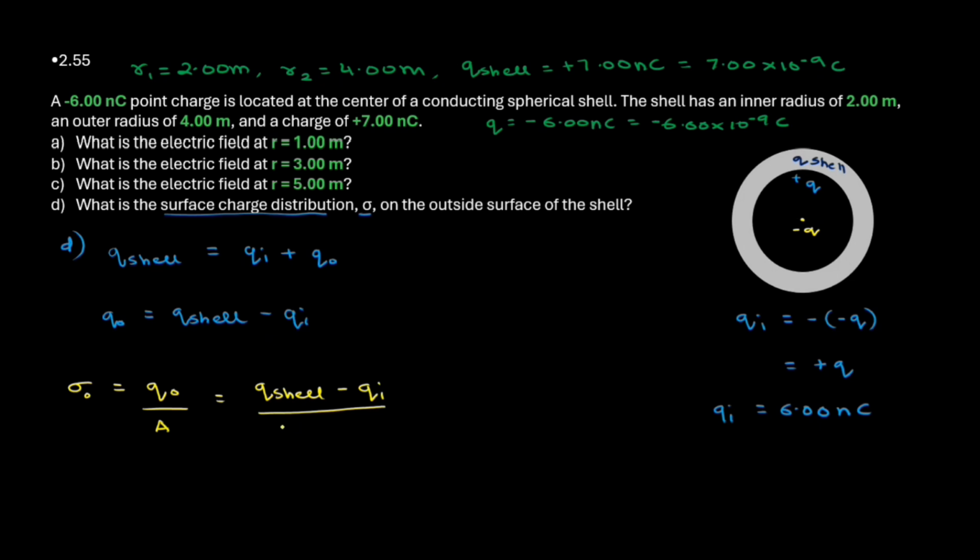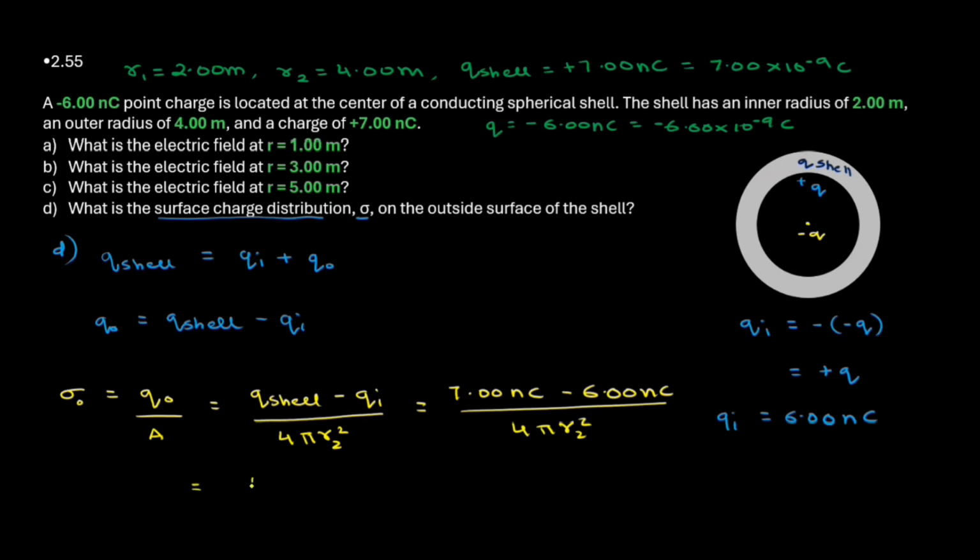So area of the outer surface we will have to take as 4 pi r2 squared, as r2 is the radius of the outer surface of the spherical shell. Now we can substitute the value. Charge on the shell is 7 nanocoulomb. Charge on the inner surface of the shell is 6 nanocoulomb. Divide by the area, 4 pi r2 squared.